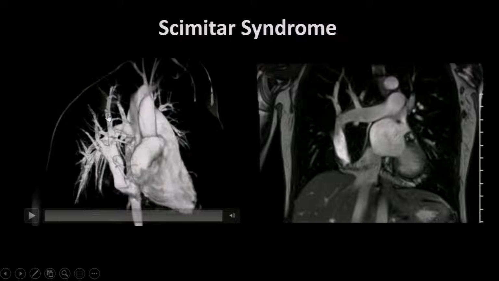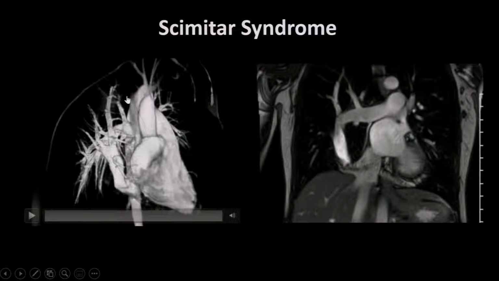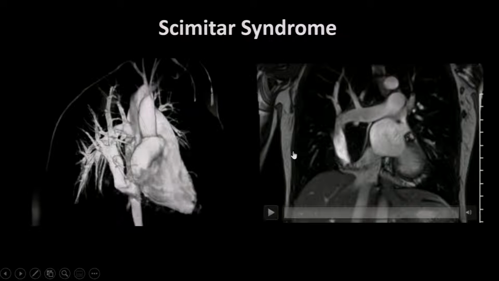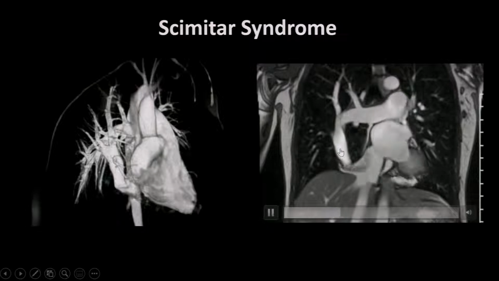So Scimitar syndrome is anomalous pulmonary vein return. Usually all the right-sided pulmonary veins drain into a vertical vein that drains into the IVC. You can see this is one of our patients here that is now repaired, and you can see the Scimitar vein draining into the IVC.